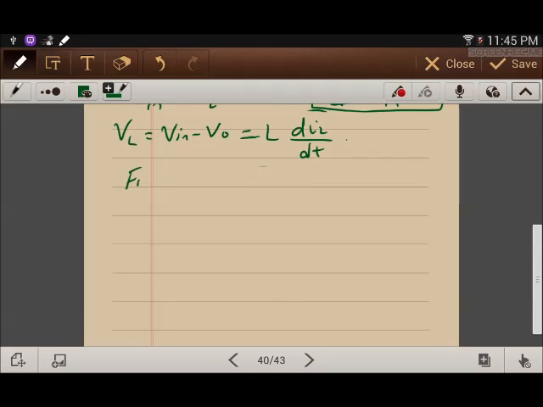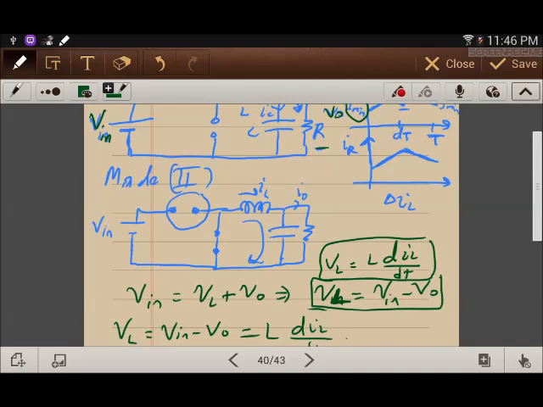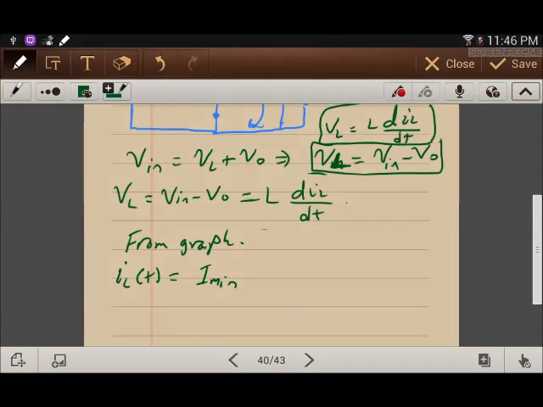Now from the graph, IL at any time is equal to the minimum current, which is the initial value here, plus (V input minus V output) over L multiplied by the time t. I just divided by L and multiplied by t.